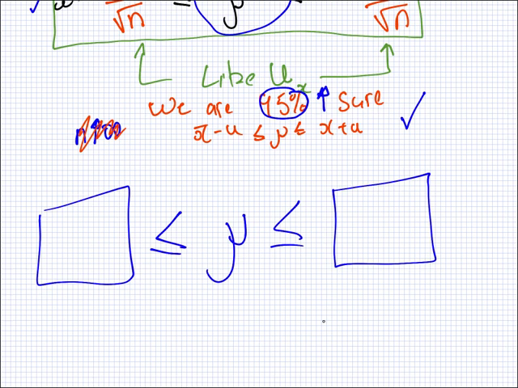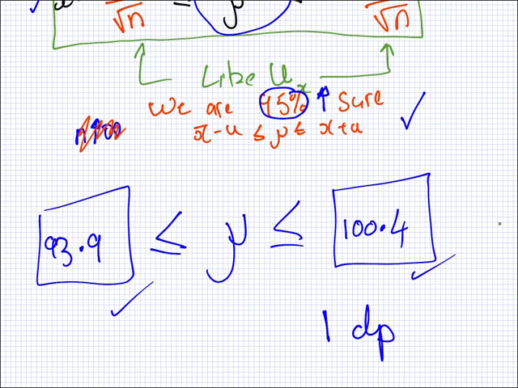And you can give me the answer to one decimal place. 93.9 up to 100.4. Okay, so correct. What's the uncertainty we keep after the point?